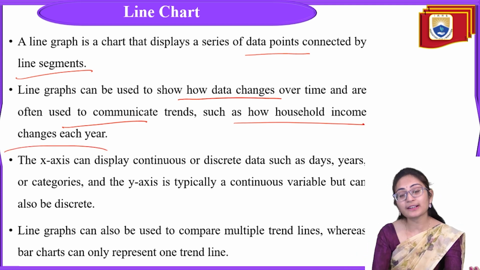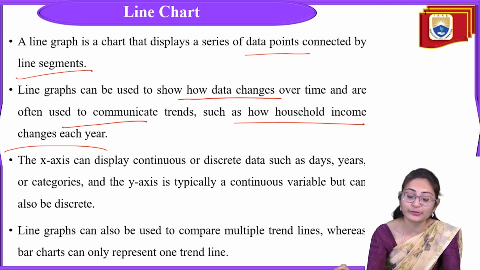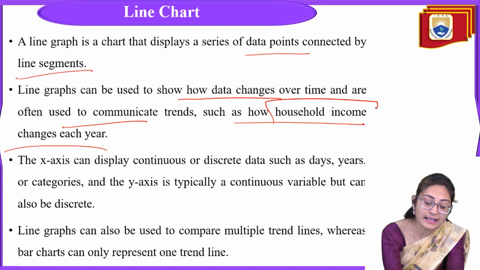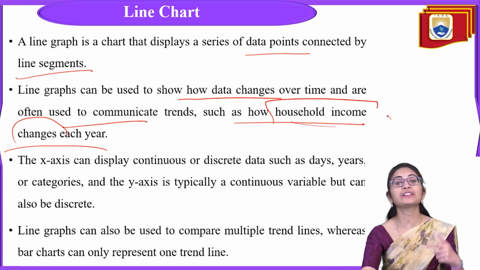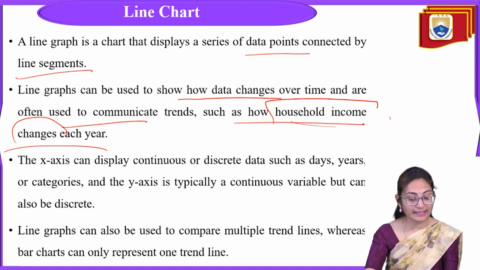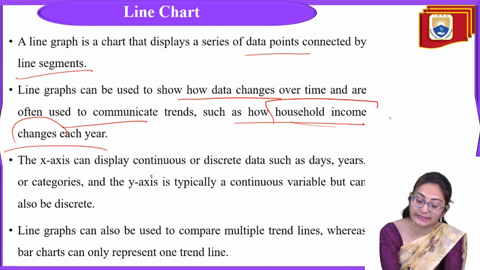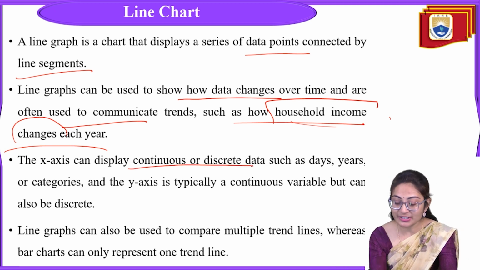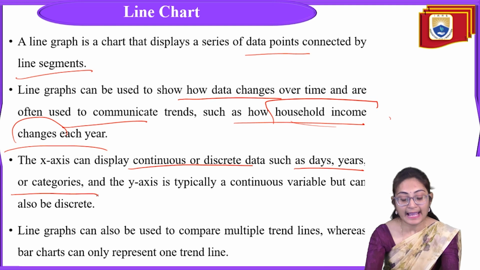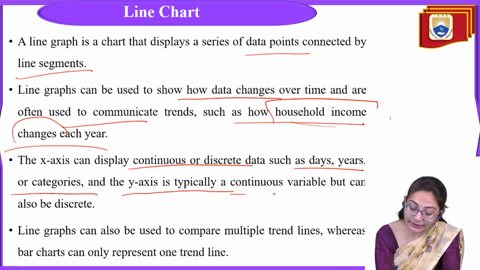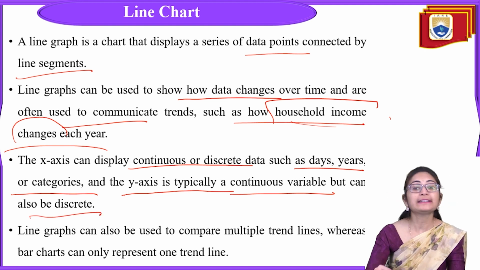We know that we can use different data for line graphs. We have just given one example, household income. On the basis of household income, we can draw the line chart. For example, the x-axis can display continuous or discrete data, such as days, years, or categories. And the y-axis is typically a continuous variable, but can also be discrete.